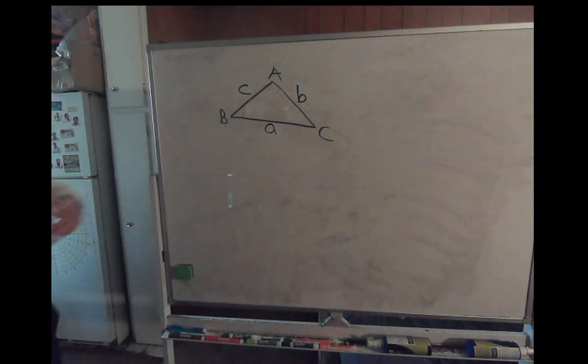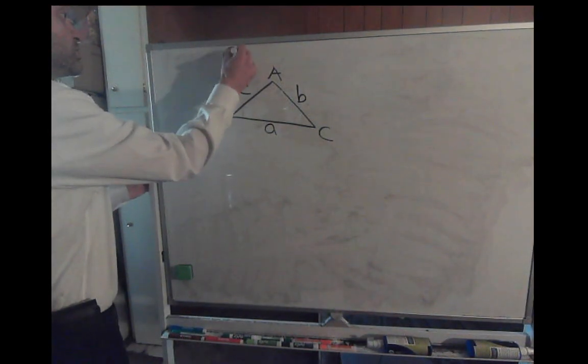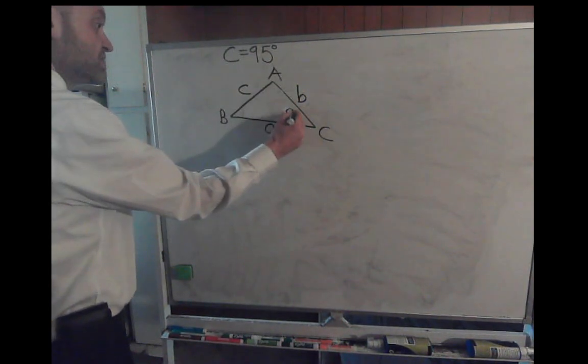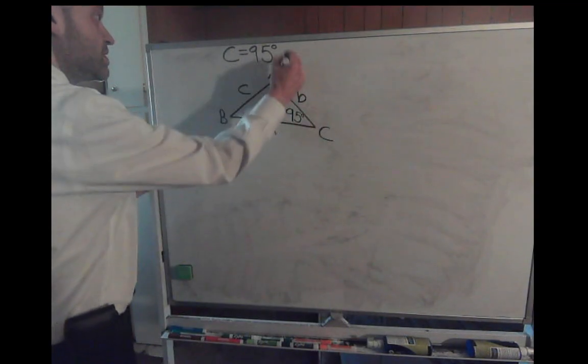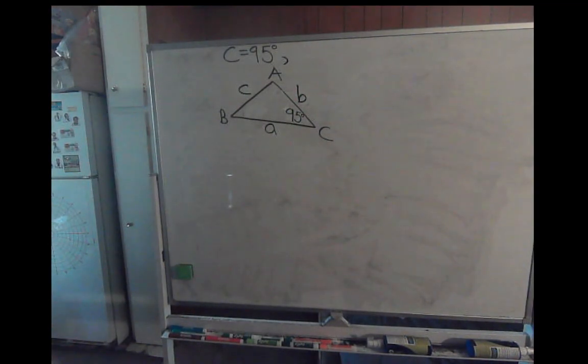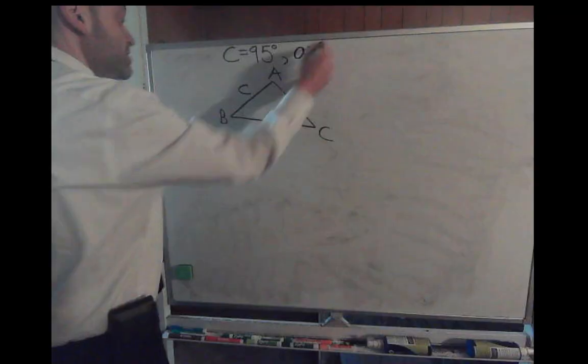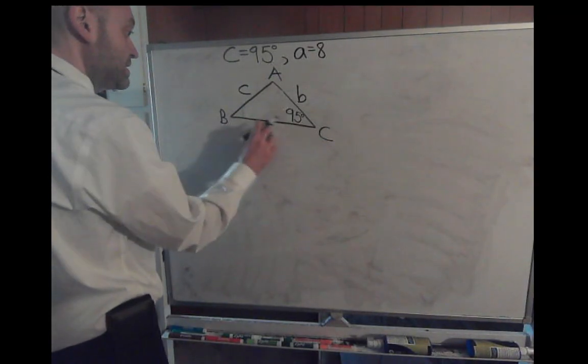Let's see. So we have C is equal to 95 degrees. So we have a C of 95. What do we got next? An A of 8. So A is going to equal 8.